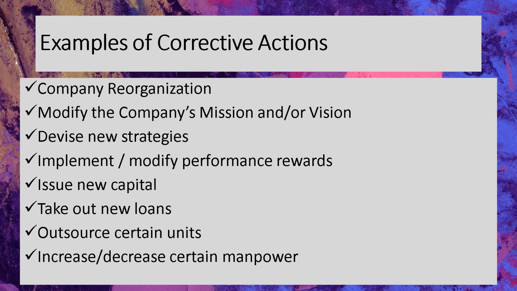Next, they may alter strategies and devise new policies. As to incentives, they can install new performance incentives. And as to capital, they may raise capital with stock or debt. And last, they may allocate resources differently and outsource business functions.